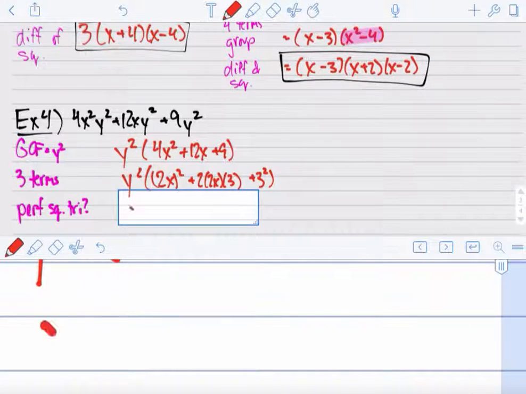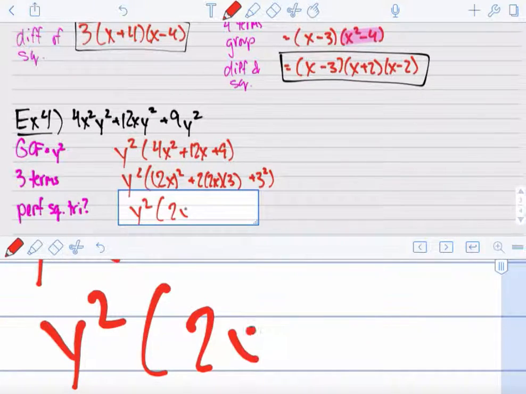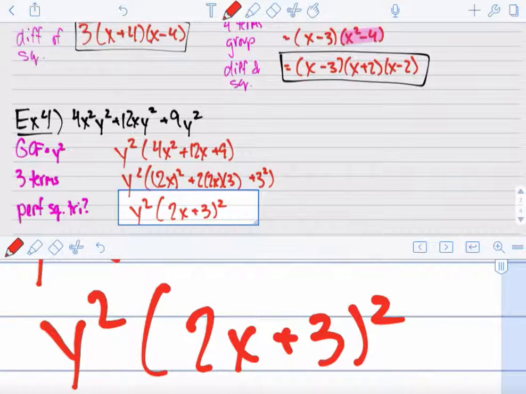So yes, that does factor as a perfect square trinomial.